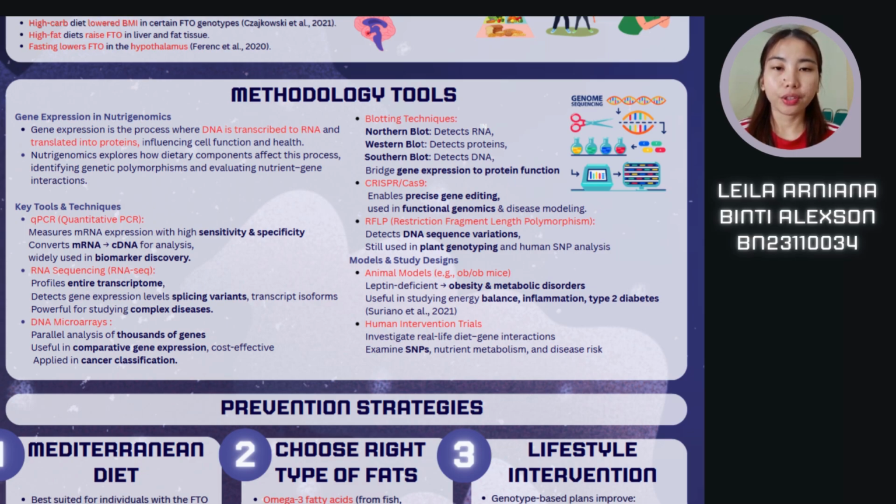In addition to this, classical blotting techniques such as Northern blot for RNA, Western blot for protein, and Southern blot for DNA remain important for validating molecular findings. Meanwhile, CRISPR technology has revolutionized gene editing, enabling researchers to silence or modify specific genes to better understand their roles in nutrition and disease.